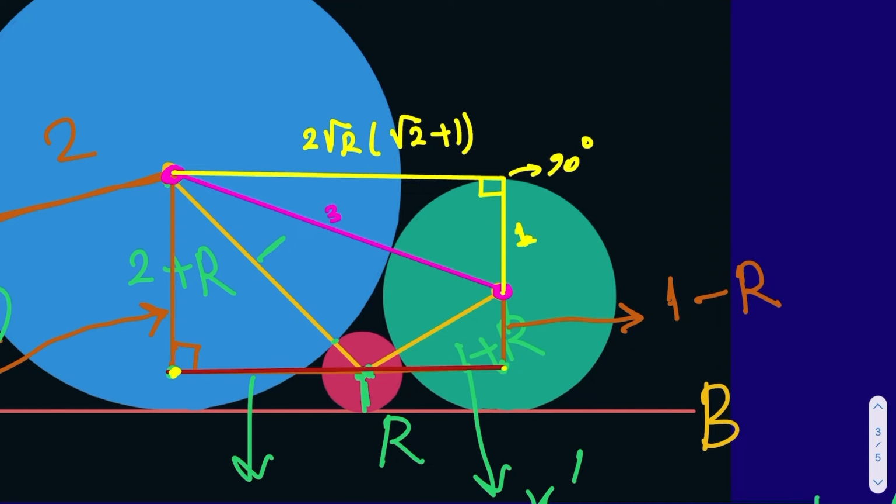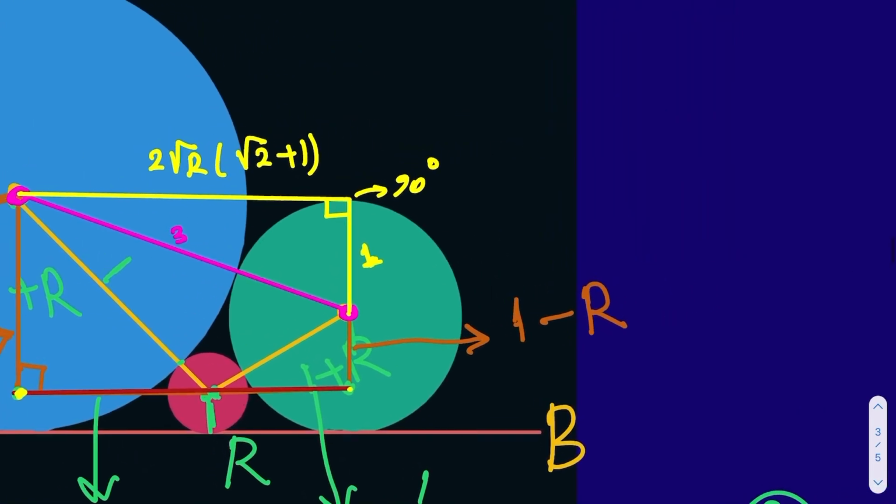We are almost done, because again I can use the Pythagorean theorem in the new right triangle that I just drew, and I can find the value of r simply. How will I do that? I will say this value that I wrote there is equal to 3 to the power of 2 minus 1 to the power of 2, based on the Pythagorean theorem.